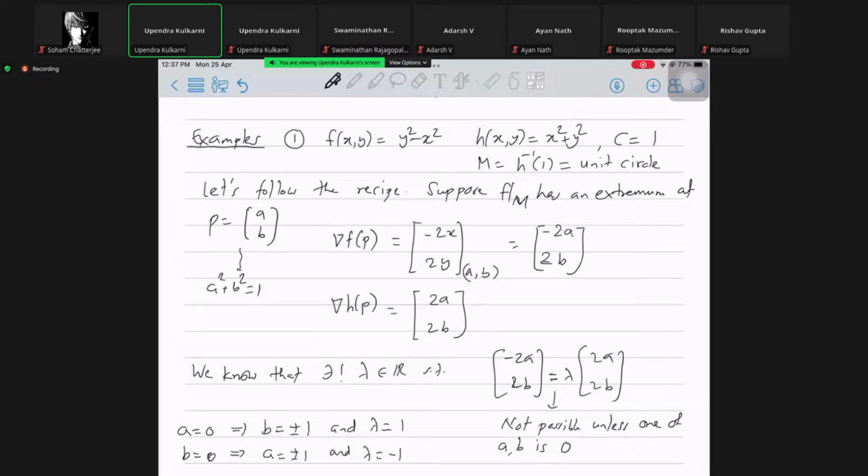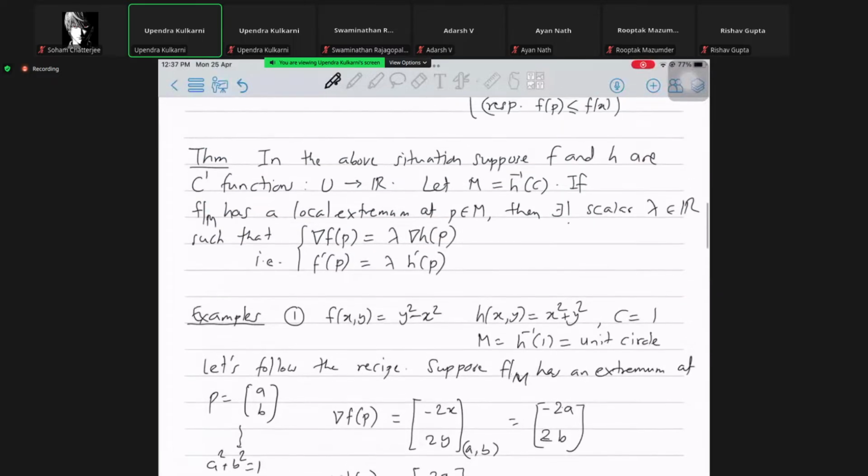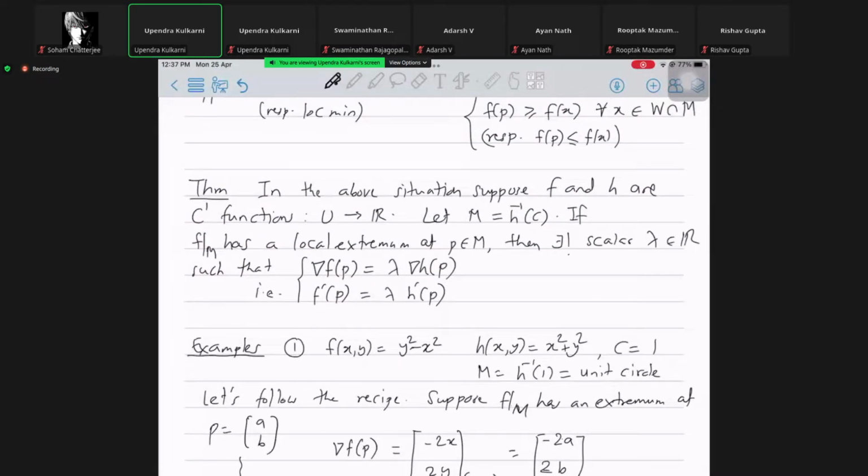I did not really complete this. The theorem says that if I have a local maximum or a minimum, then this condition must be met. This lambda is called the Lagrange multiplier.